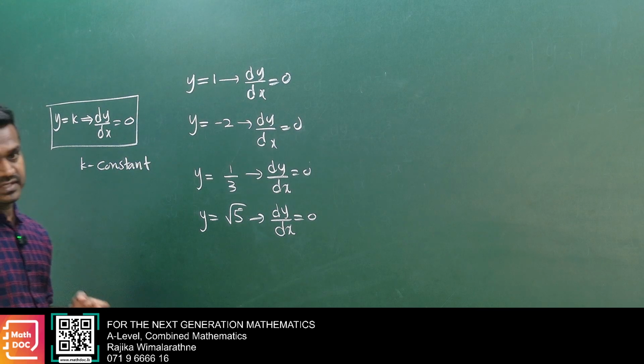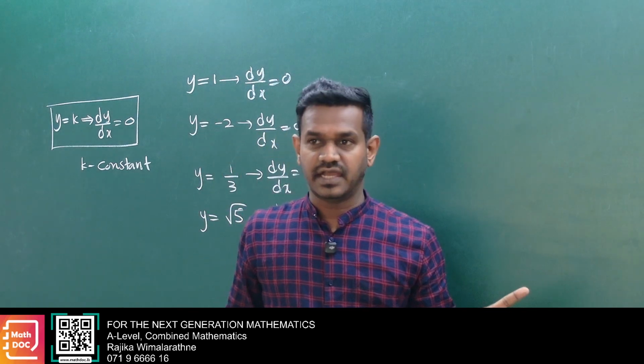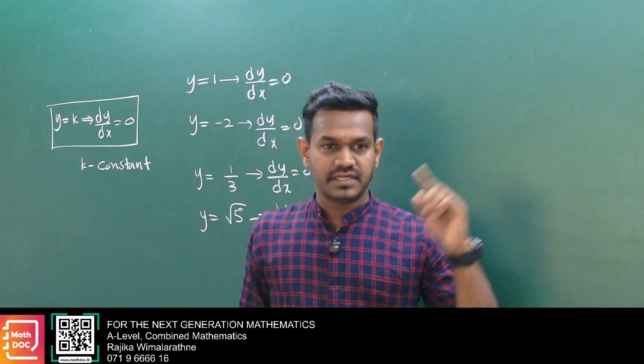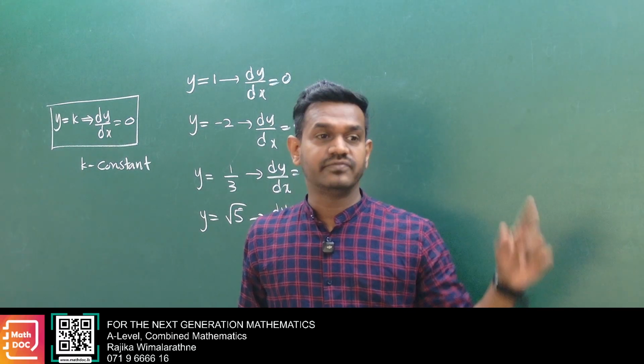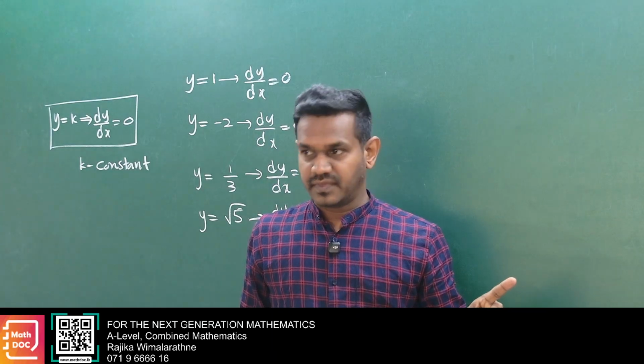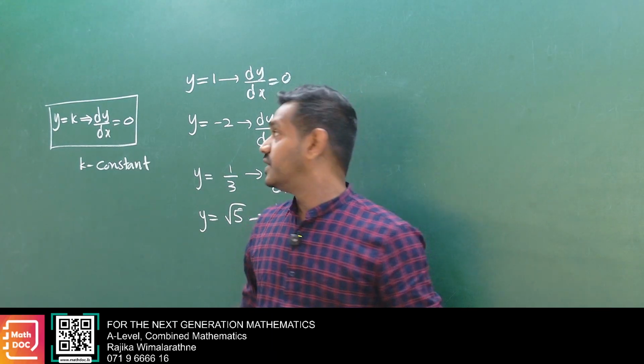For a single constant, derivative 0. Previous rule, constant times function: identify the difference. Only one single constant, derivative 0. Constant times function means constant times the derivative.